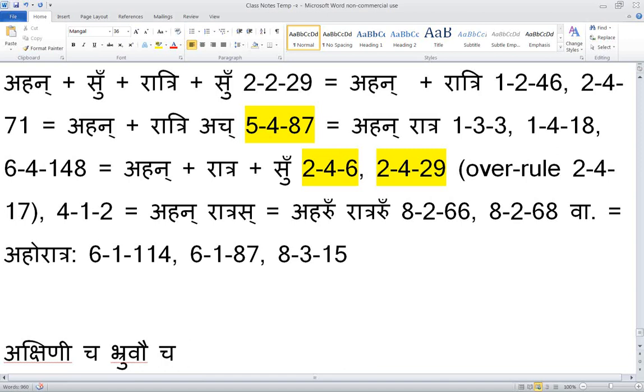So that will give us the form akshibhruvam. So it is the eyes and the eyelid, eyes and the eyebrows. Now, this is by 5477.